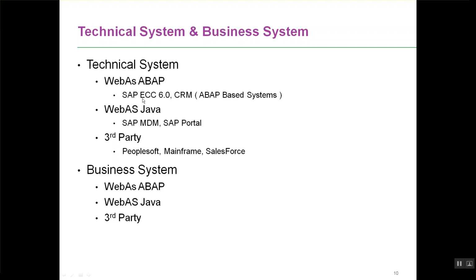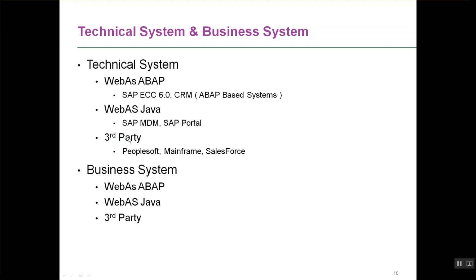So what is a web-based ABAP system, right? An SAP ECC 6.0 server, which runs on a web application server ABAP, or which is an ABAP-based system from SAP, is called a web-based ABAP technical system. A master data management system, an MDM system, your enterprise portal, your Java portals that are there from SAP are nothing but web-based Java, or that technical system is called a web-based Java system.